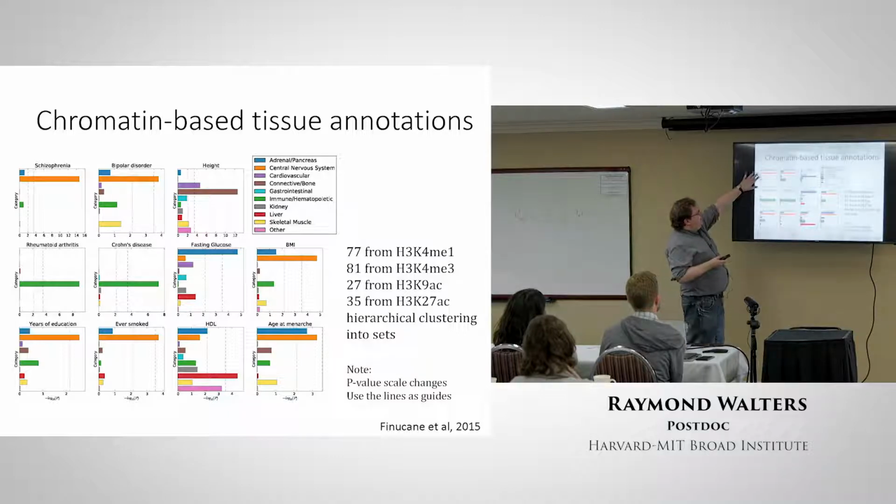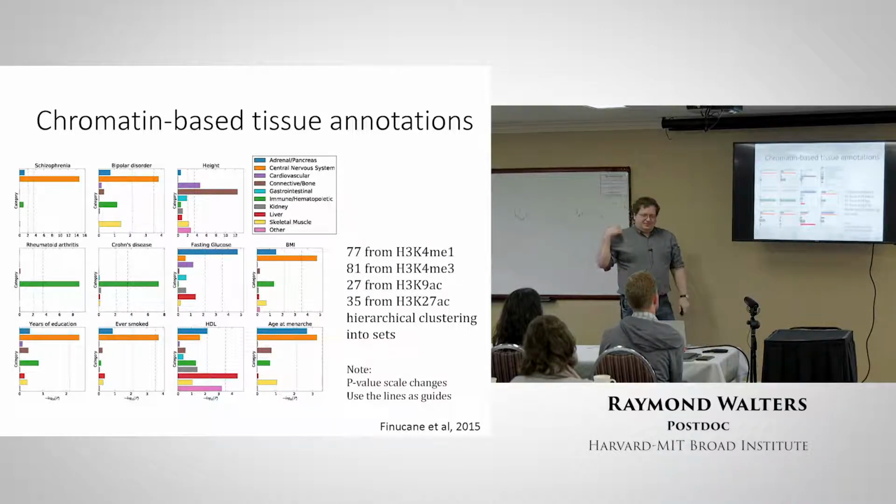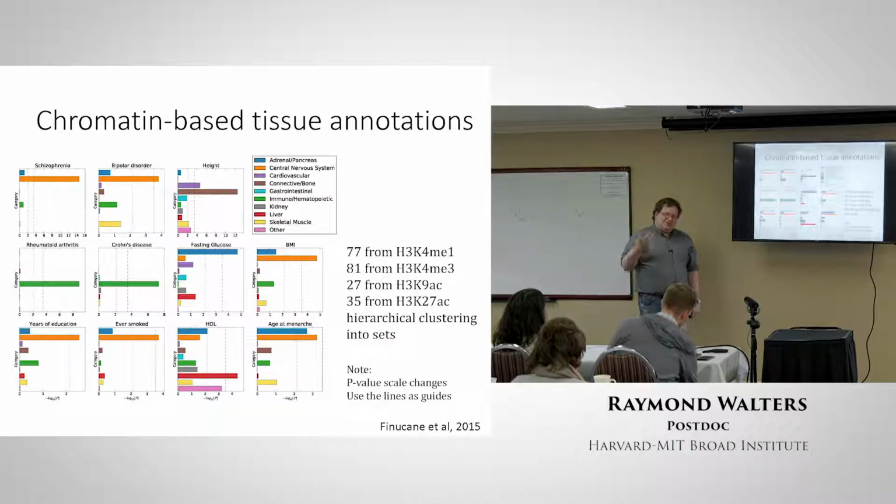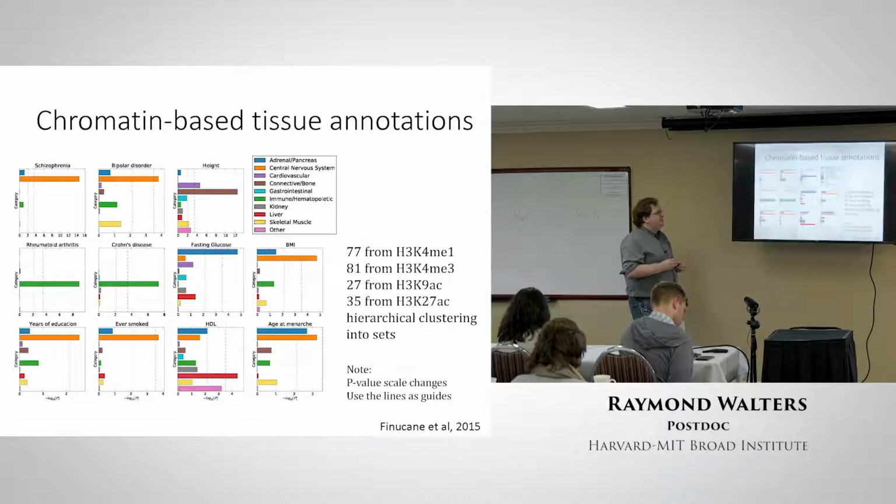Then in schizophrenia, in this orange bar, we see a very strong signal in terms of testing this tau, that conditional on everything else we know about the functional landscape, indeed there does seem to be some additional contribution to heritability per SNP from the things that are in these regions of the genome that have these chromatin marks, specifically in central nervous system tissues.